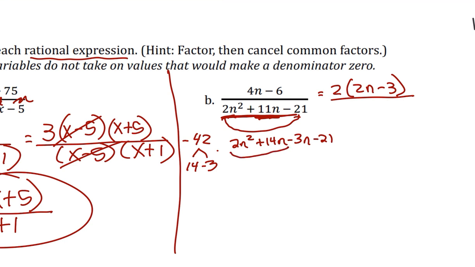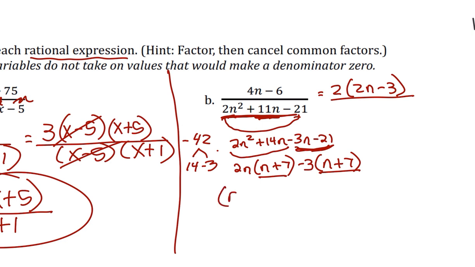Okay, so now what you do once you have split that middle term is you take the greatest common factor from the first two terms, which is 2n. So we have 2n times n plus 7. And then you take the greatest common factor from these two terms, which is minus 3. And we again have n plus 7. You know you've done it right when these two parentheses match.